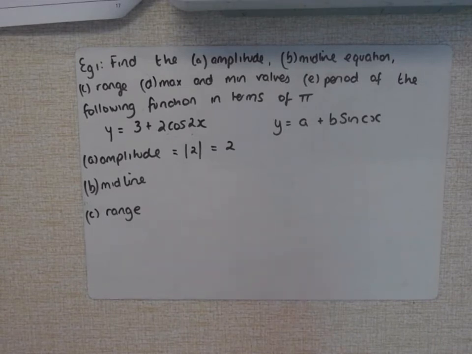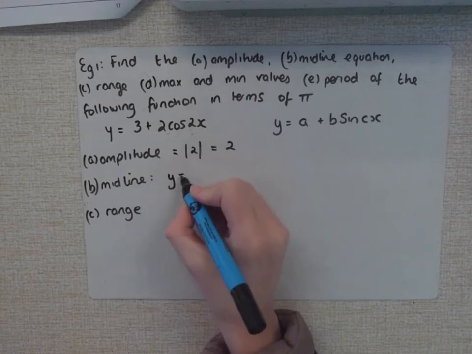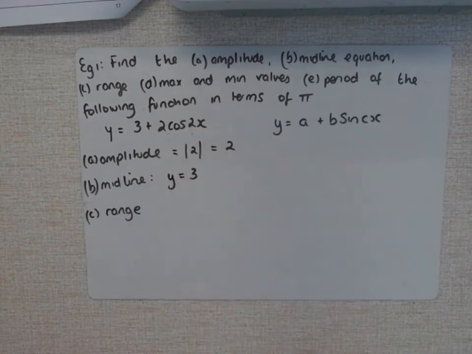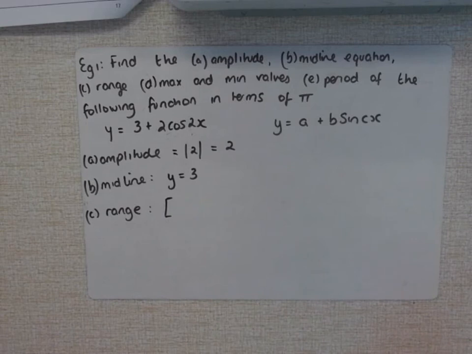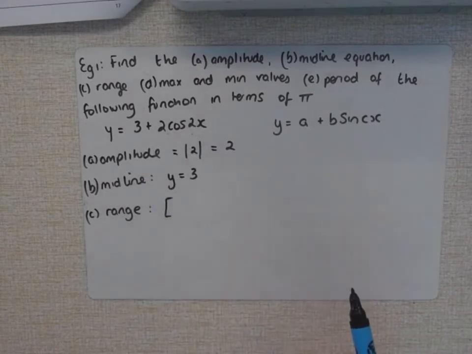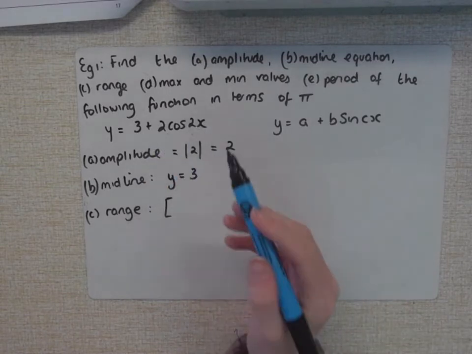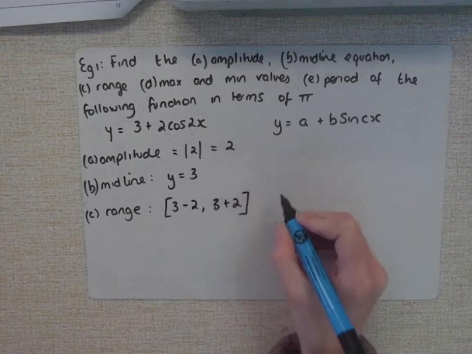Your midline equation, y is equal to A, so in this case y is equal to 3, lovely. Your range, so our range, we have to do A minus B and A plus B. Okay, so 3 minus 2 and 3 plus 2.